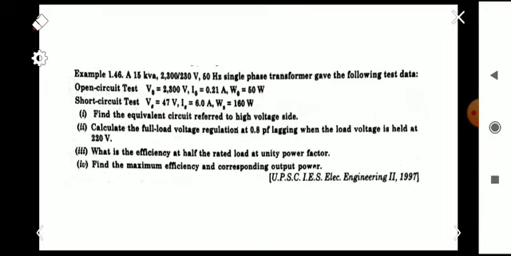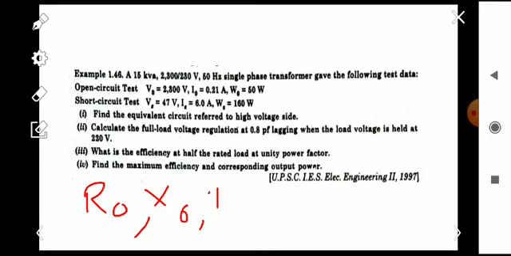First we have to find the equivalent circuit parameters referred to high voltage side. High voltage side is the primary, so we have to find the equivalent circuit parameters referred to primary. From the open circuit test we have to calculate the value of R0, X0, then magnetizing current Im, and energy component of current IE.